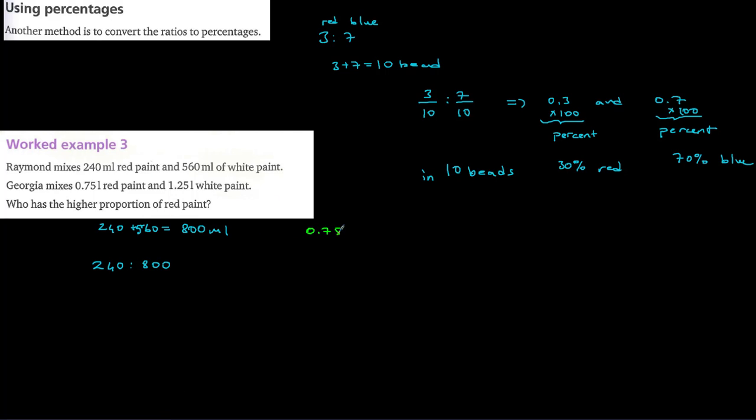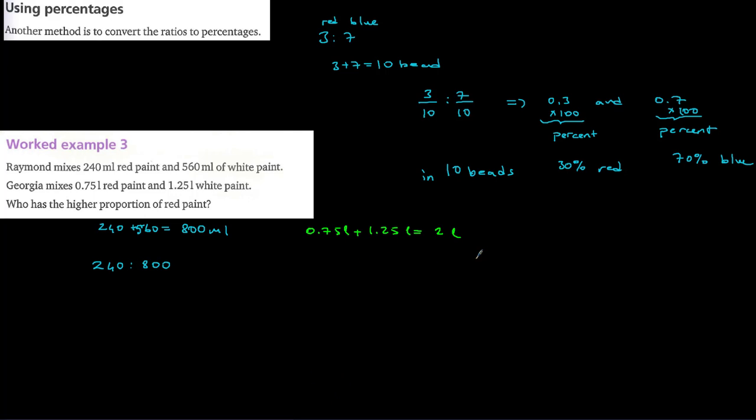And the second one is going to be 0.75 plus 1.25. That's equal to the red paint and white paint sum. That's equal to 2 liters. These expressions are all in liters here.